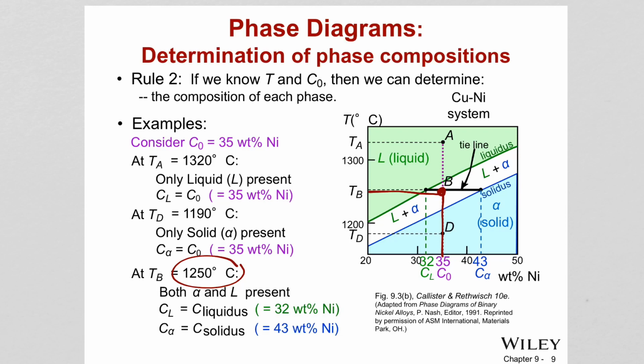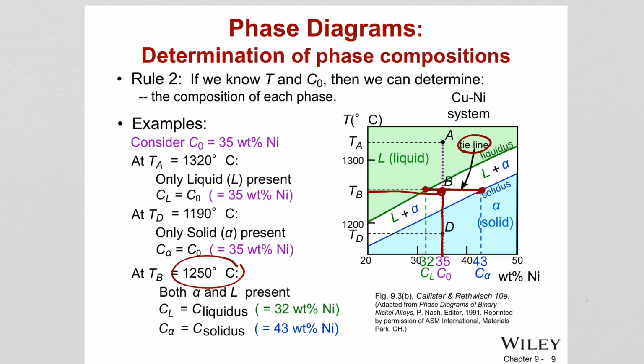So the question is, how much nickel is there in alpha, or how much nickel is there in liquid? To understand that, we need to draw a tie line. A tie line is the line at that temperature which connects the intersections of that temperature line with the liquidus and solidus line.